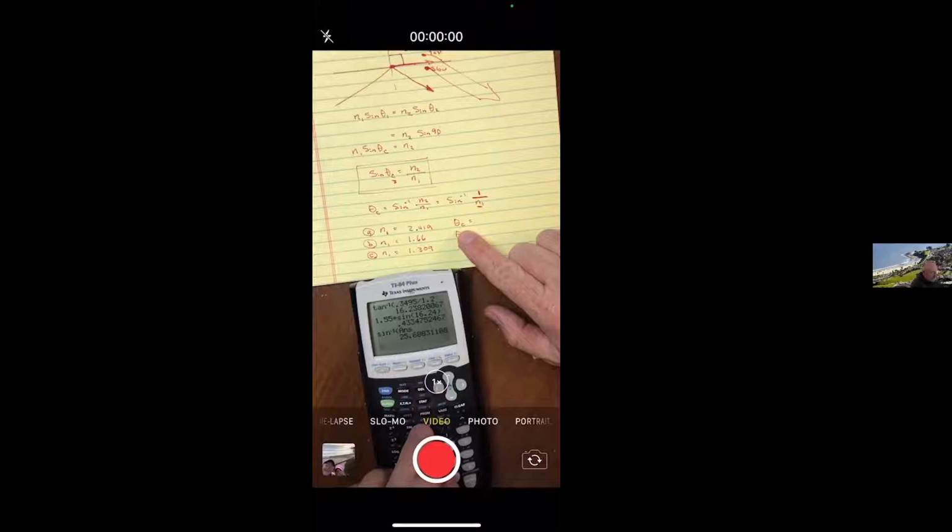Let's see what that gives. So for diamond, we're looking at 24.4 degrees. For flint glass, the inverse sine of the reciprocal of 1.66, a little bigger angle, 37.0 degrees. And then finally, arc sine of the reciprocal of 1.309, and that's 49.8.